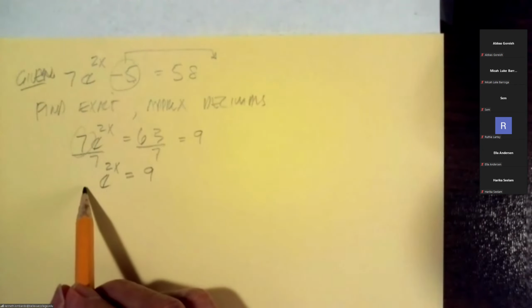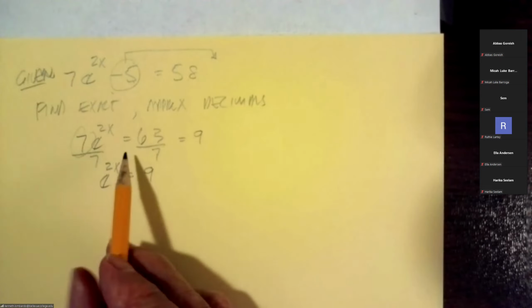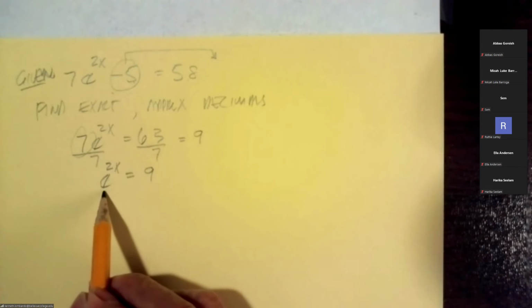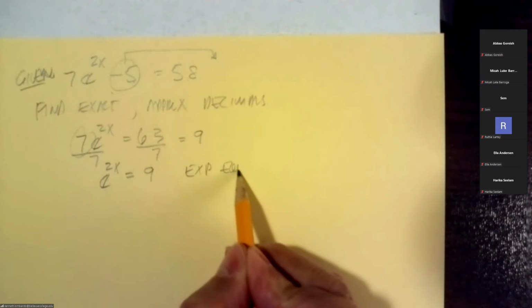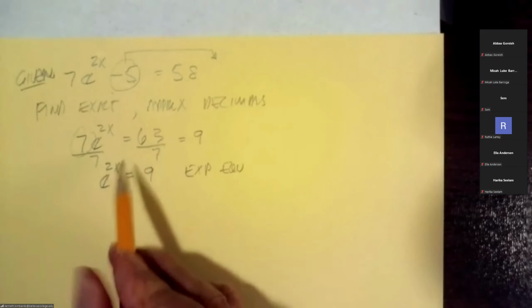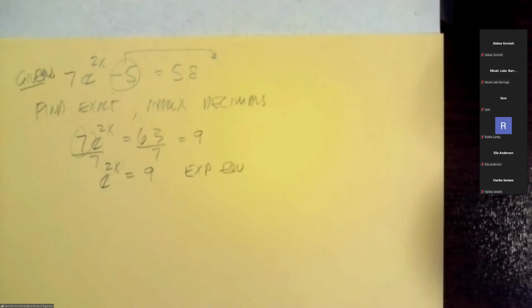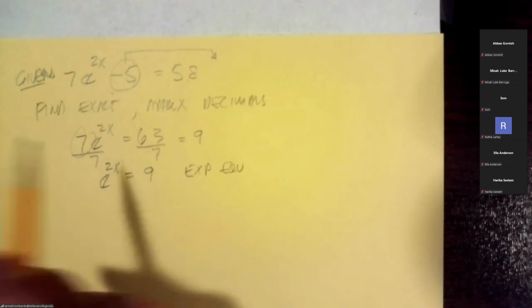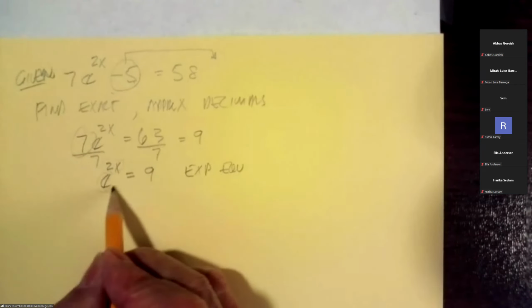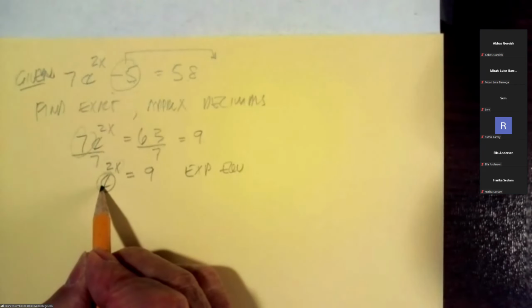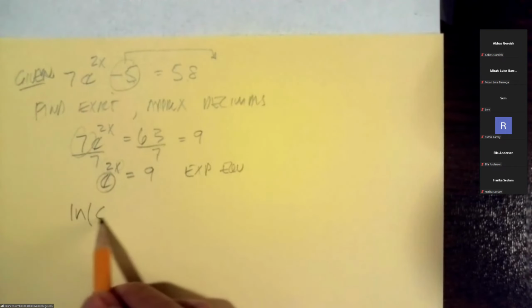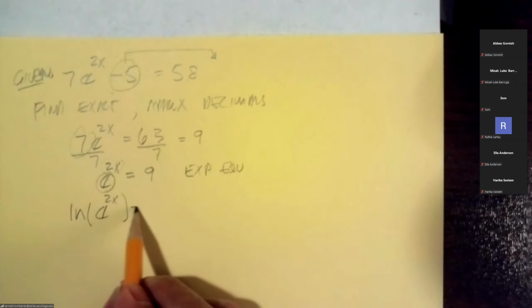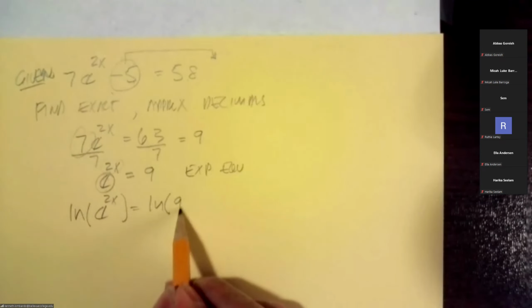So now I'm searching for the solution of an exponent of an exponential equation. That's what this is, isn't it? Exponential equation. And in general, the way we want to solve these is with logs. And we say, well, we have a log base e. So I could easily take the ln, log base e of each side, e to the 2x equals the ln of 9.